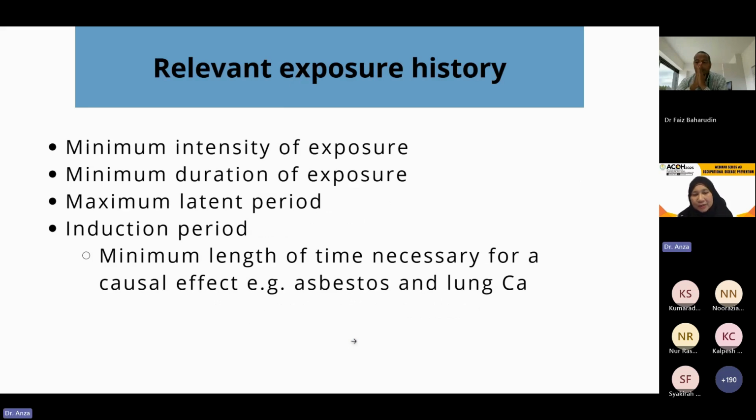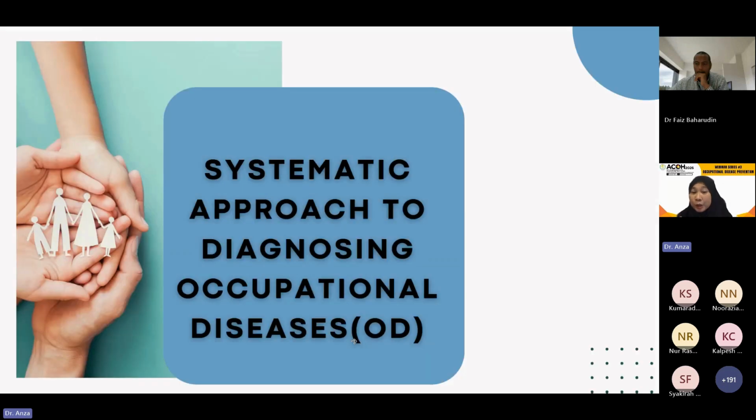Okay, let's look at the relevant exposure data. In the ILO, it has to be minimum intensity, minimum duration, maximum latent period, and induction period. When you take the history, do not forget to take this history, because we want to have an accurate diagnosis. So I've explained the overview of occupational diseases.